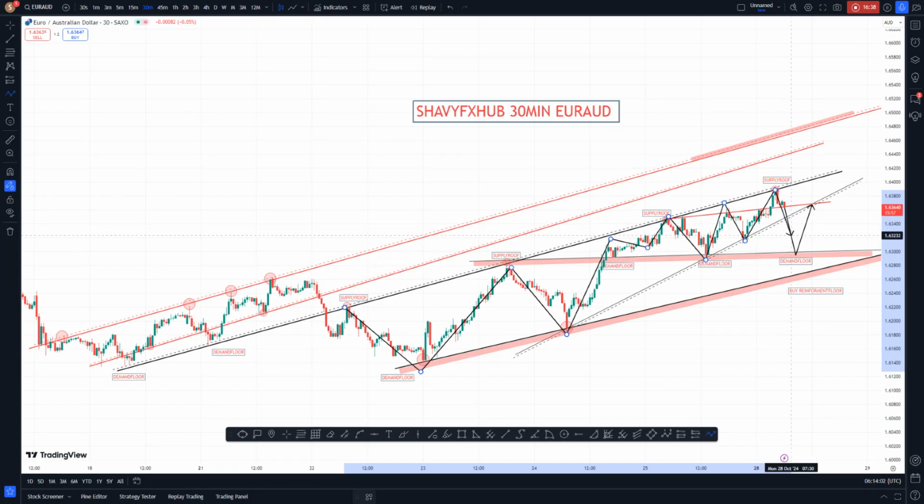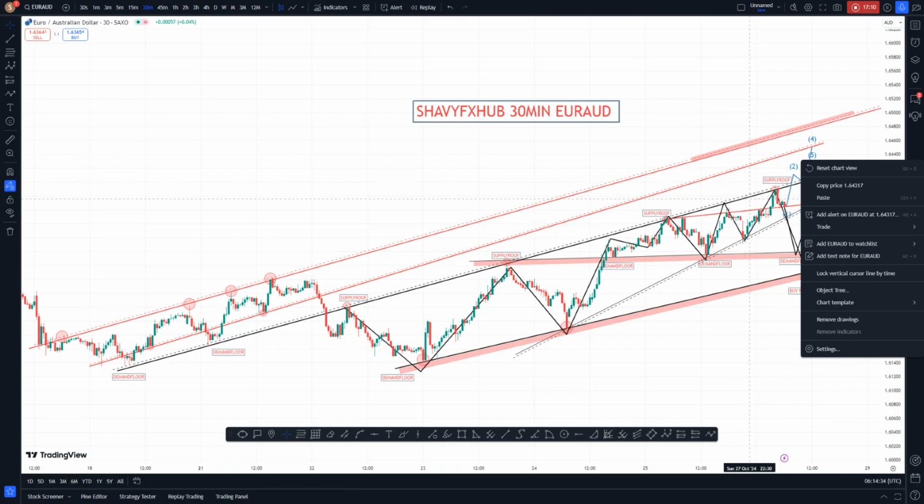There is a probability that we will come down here, and there is a broader probability that we might come here. Yes, that is what the structure is saying. However, if price manages to hold at this level, respects this structure and obtains one small break, then we break this structure, and we look at here as a potential sell opportunity.